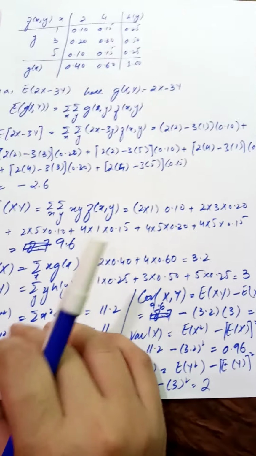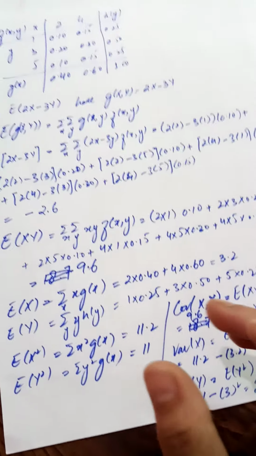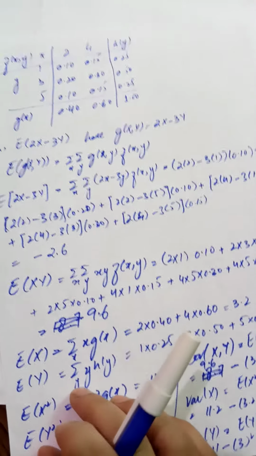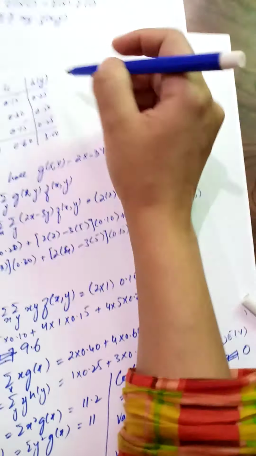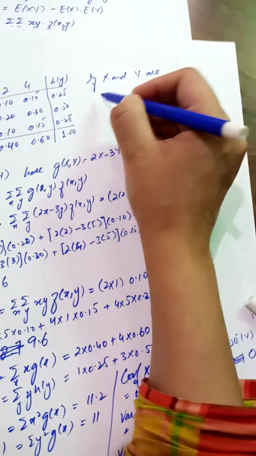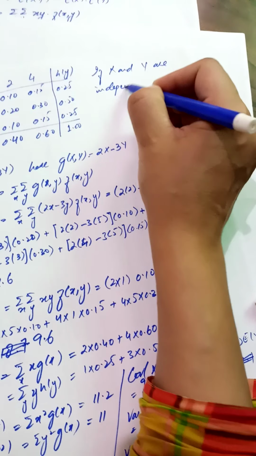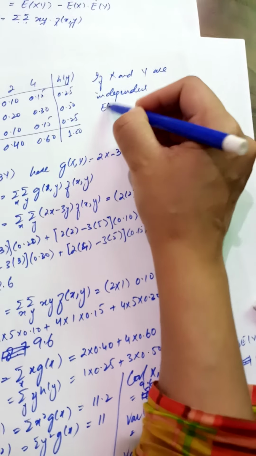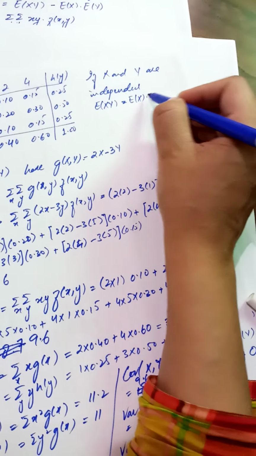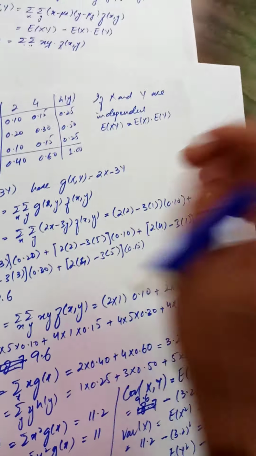There's one more condition that can be used to check if the two variables are independent. If x and y are independent, then the expected value of xy is equal to the expected value of x into the expected value of y.